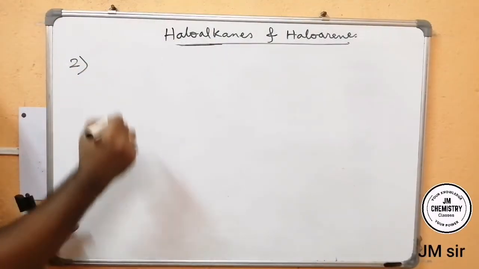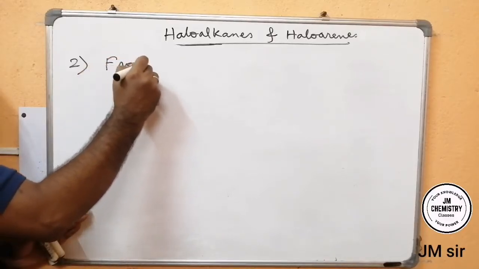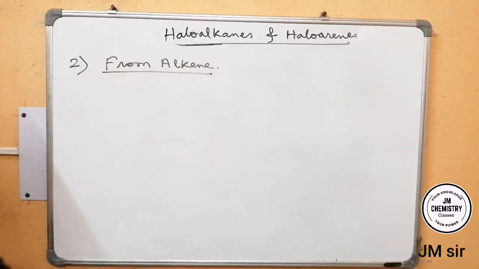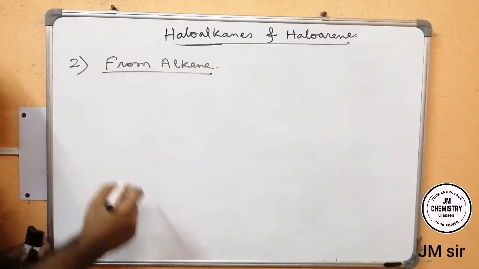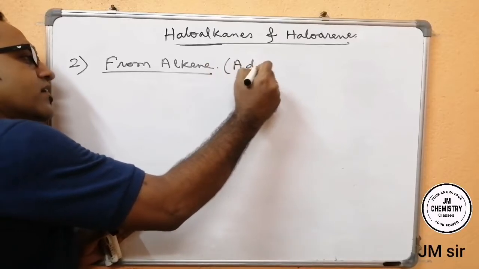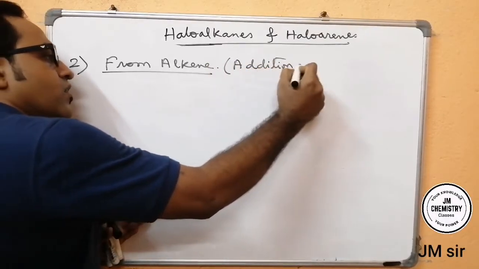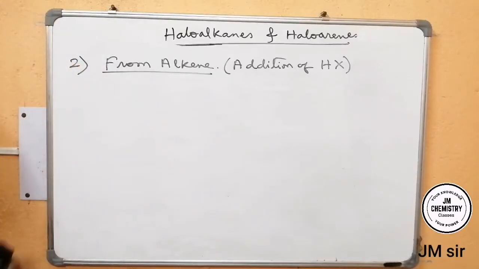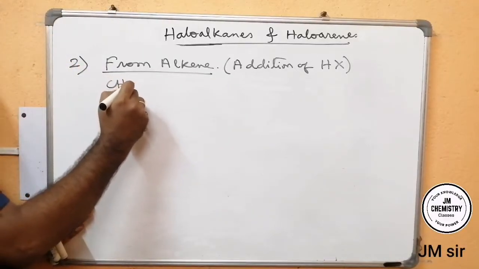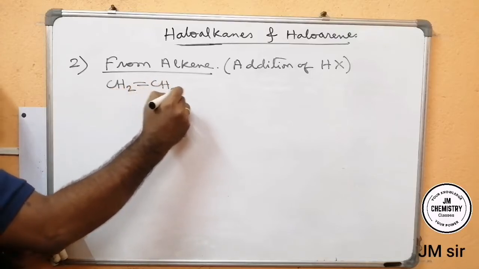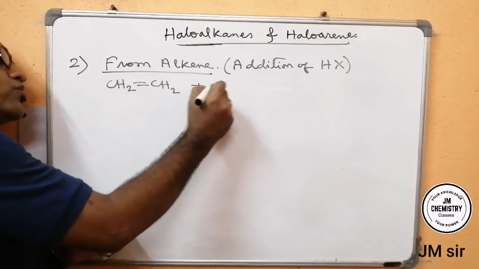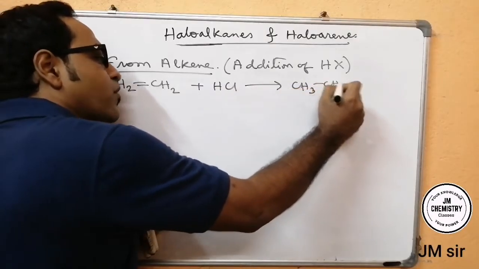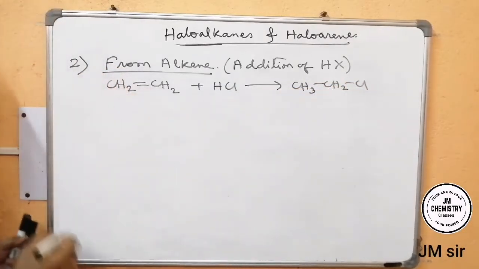The second preparation is from alkene. Okay, so how is it prepared? Addition of HX, that is halogen acid. So if you are adding HX to CH2 double bond CH2, that is CH2=CH2 plus HCl, you will get CH3-CH2Cl.